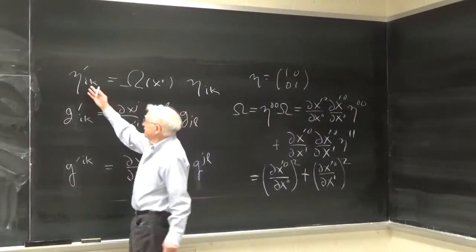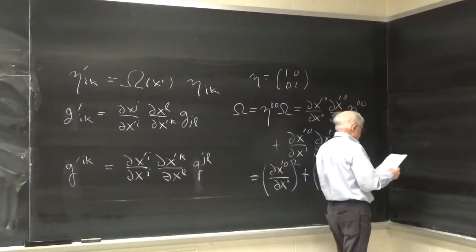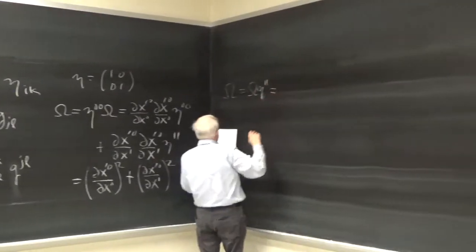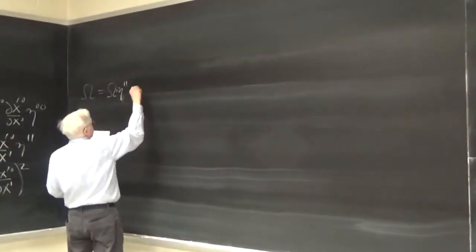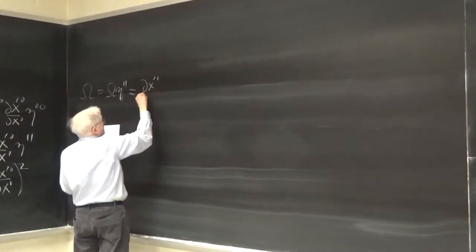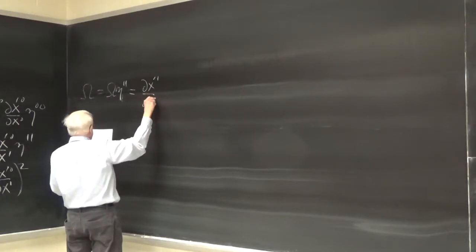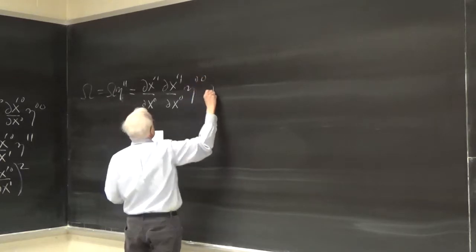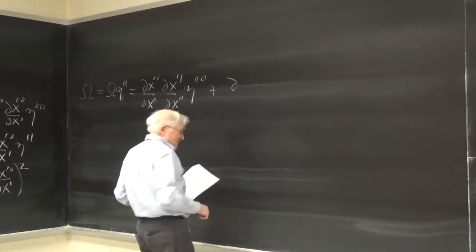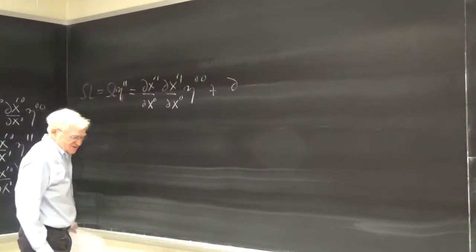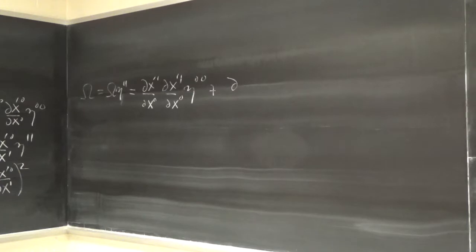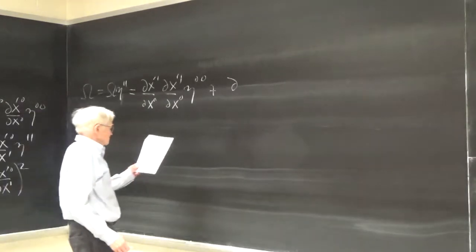Now you set i and k equal to 1, and you get the equation omega is omega eta 1,1, and this gives you partial x'^1, partial x^0, partial x'^1, partial x^0, eta 0,0, plus, I realize that this looks very simple, but I think it's actually useful occasionally to see something expanded this way, because in general relativity you normally write things with the Einstein summation convention, and you can lose track of what that actually means.